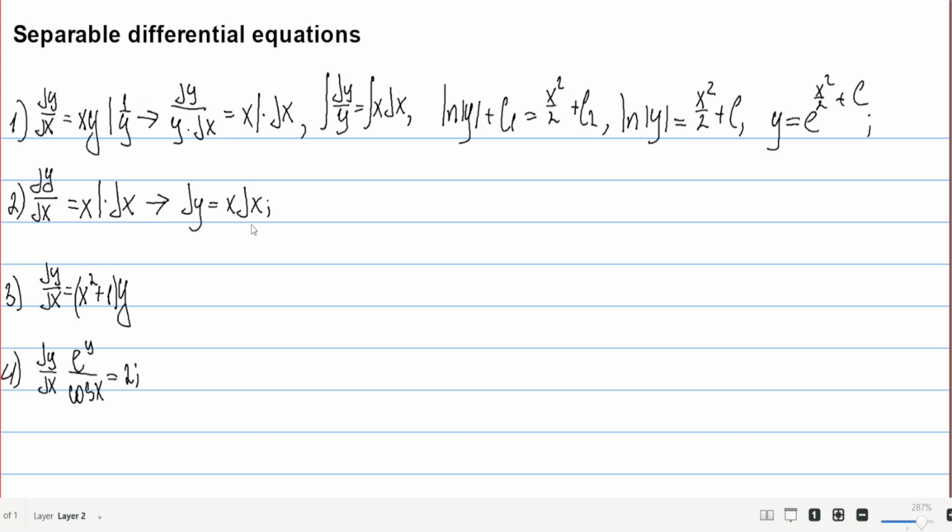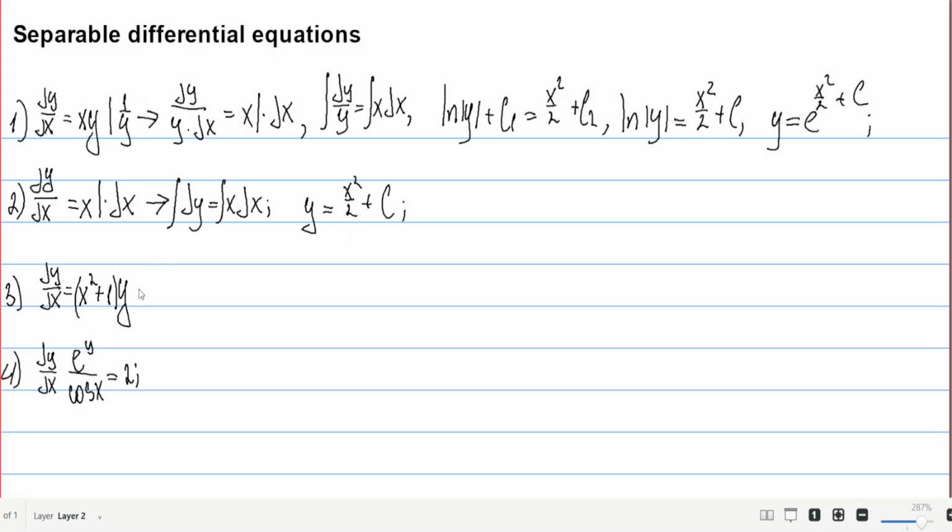Again, you see we have all our y's on the left hand side and all our x's on the right hand side. So at this point we can integrate. The integral of dy is equal to just y. The integral of x times dx is equal to x squared over 2 plus some constant c. Great.